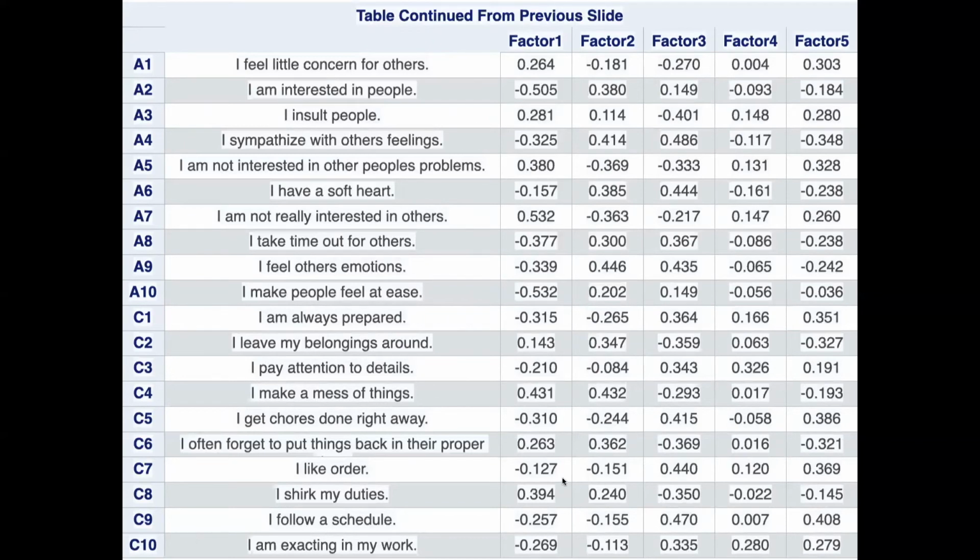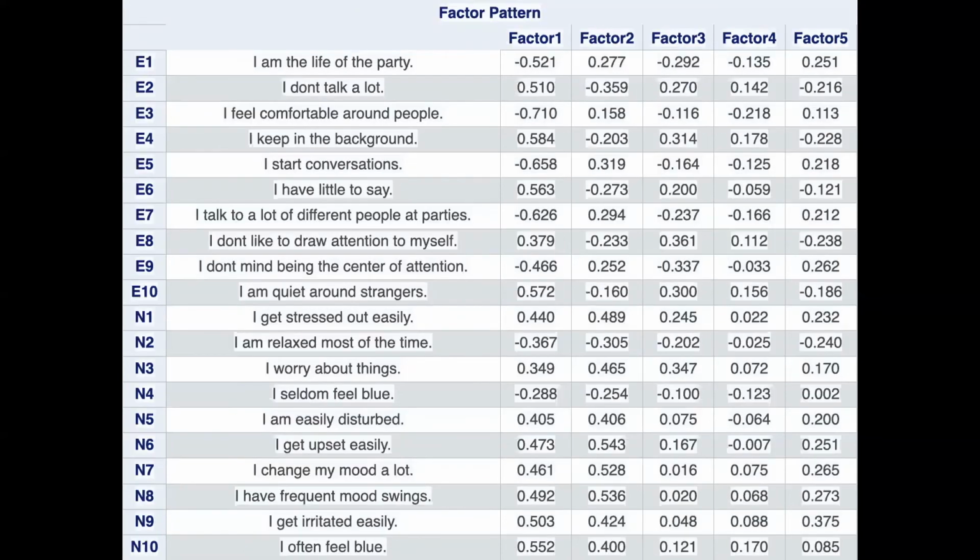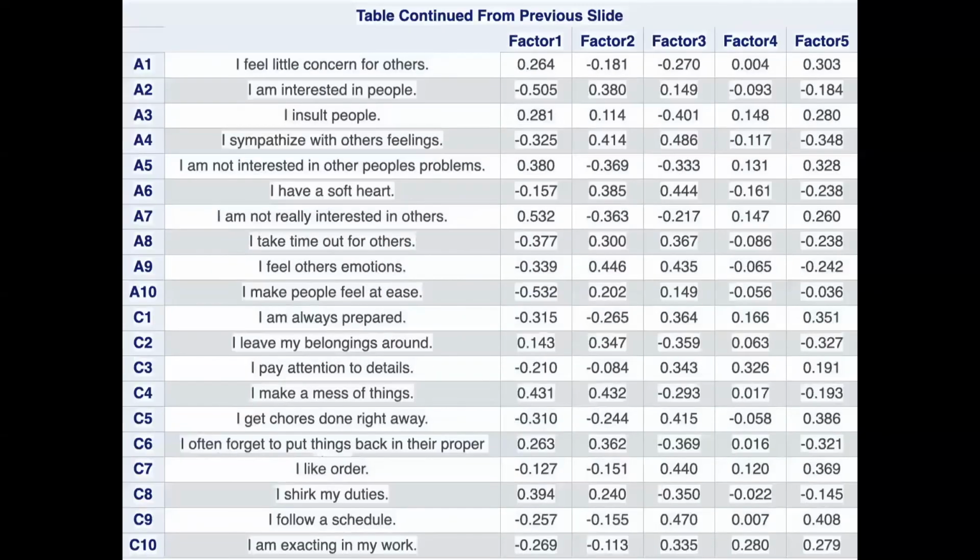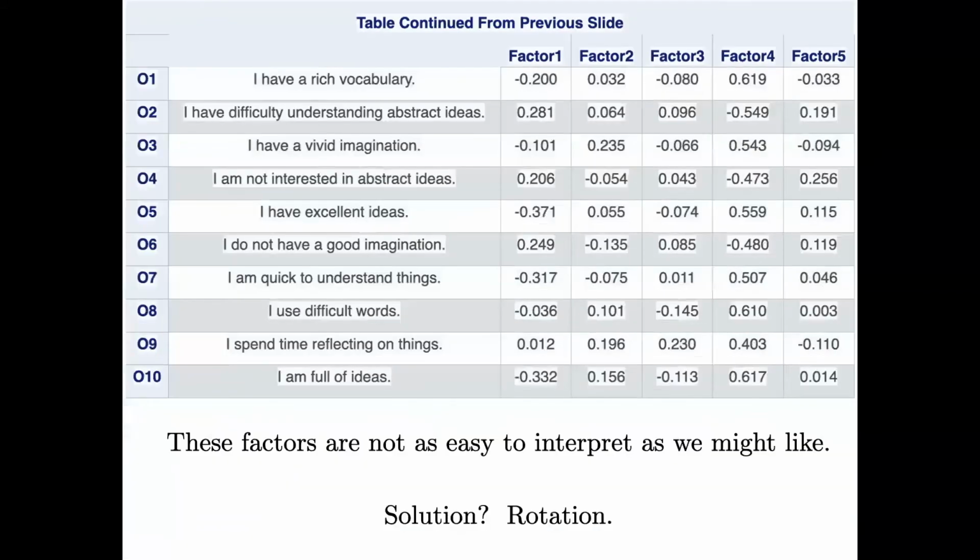Now it does look like these numbers have dipped off a little bit on this slide. I'm only looking at this first factor. These numbers have dipped off a little bit from these. So they're a little bigger. But as I click through to the final bit of this column, I see these factors are just not so easy to interpret. So the solution here is rotation.